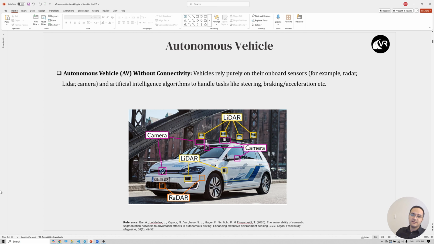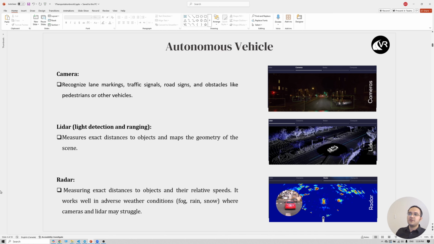Okay, let's talk about the AV. As you can see in this image, an AV has different types of sensors like camera, LiDAR, and radar. And these cameras are responsible for detecting objects. For example, the camera is for lane marking detection, traffic signals, and road signs.